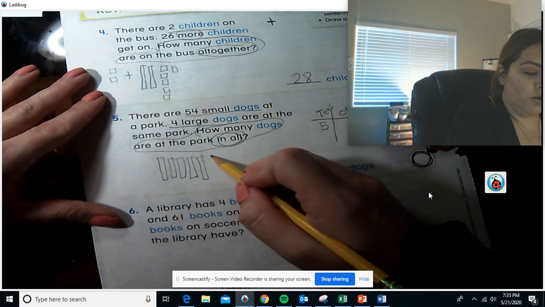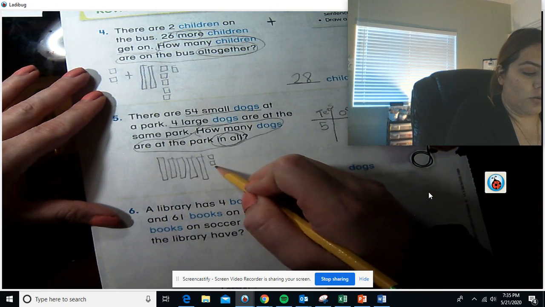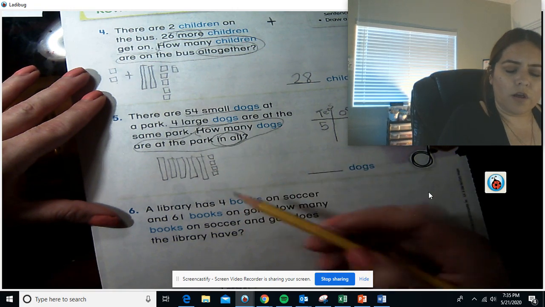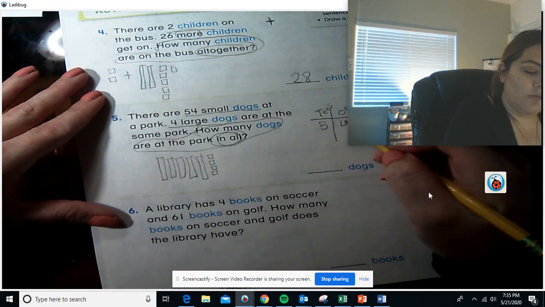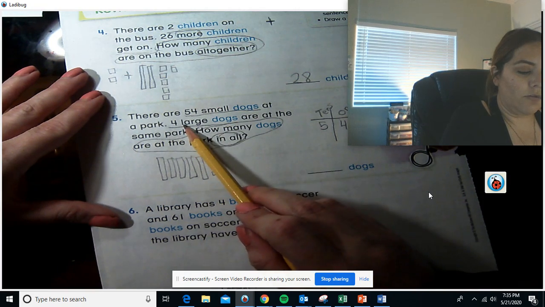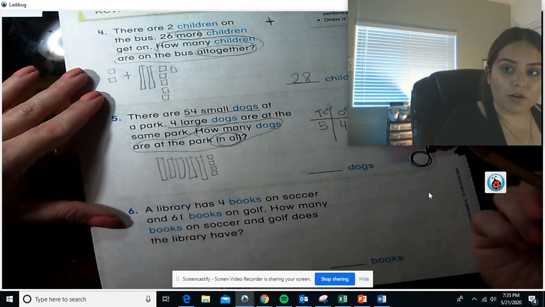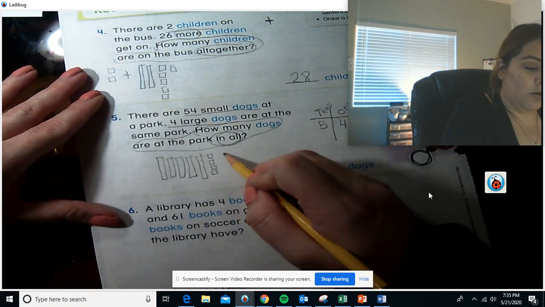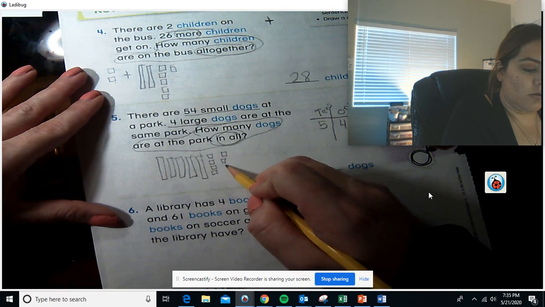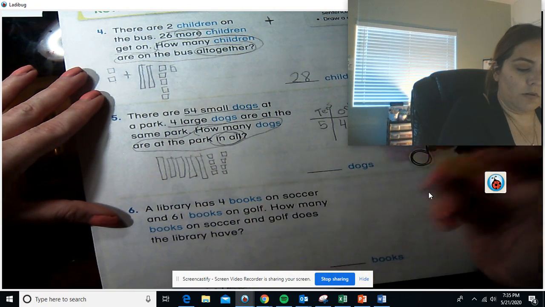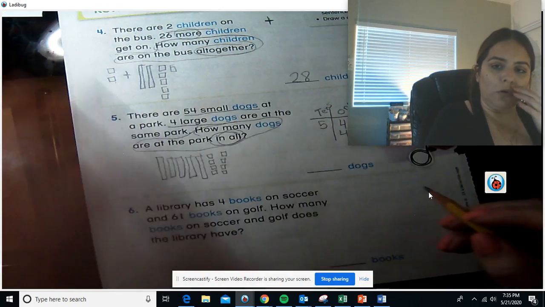And 4 ones. And then 4 large dogs are at the same park, so we're going to add 4 more. 1, 2, 3, 4. Add 4 more ones.